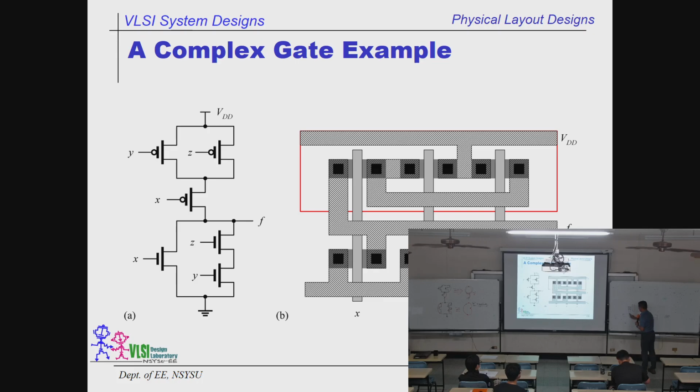So go down to the VDD. And this guy, one side going to the output, the other side must go to the ground. So this one will go to the output.